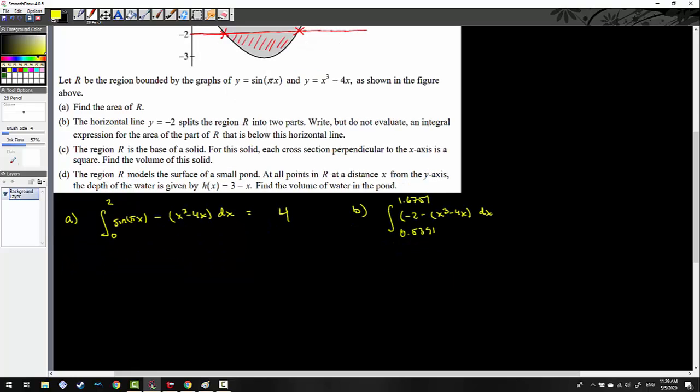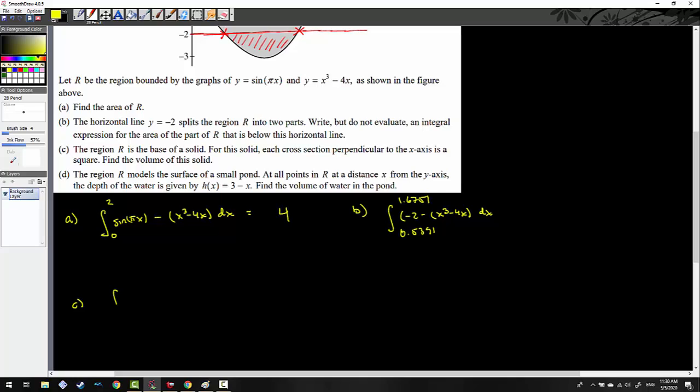All right, part C. The region R is the base of a solid. For this solid, each cross-section perpendicular to the x-axis is a square. Find the volume of the solid. So this sounds like a cross-sectional volume. Calculus AB students, this particular year in 2020, you will not have to worry about that, but in BC we will have to.